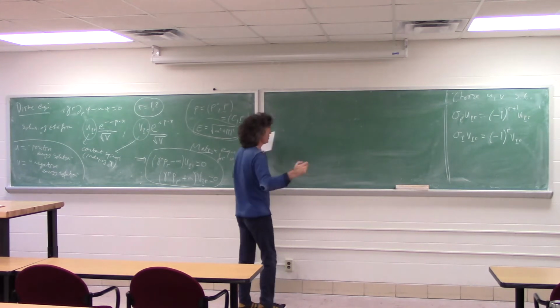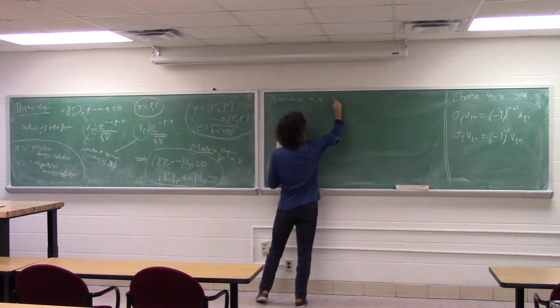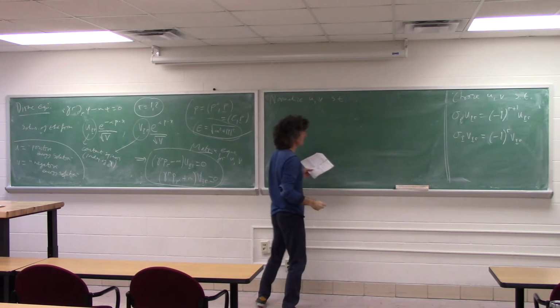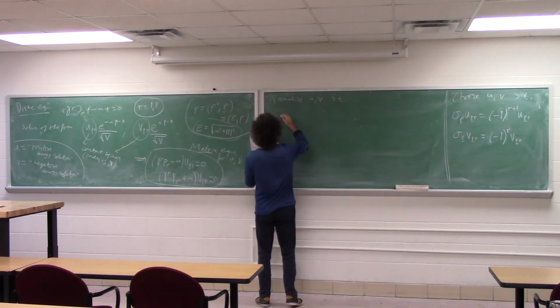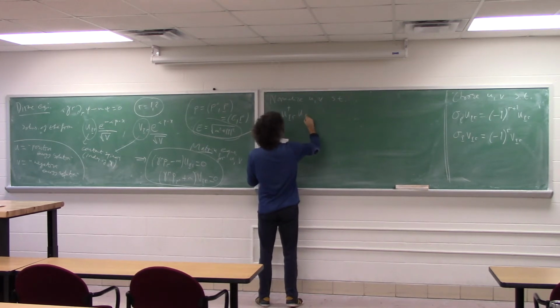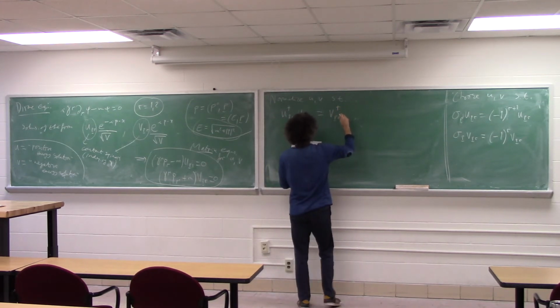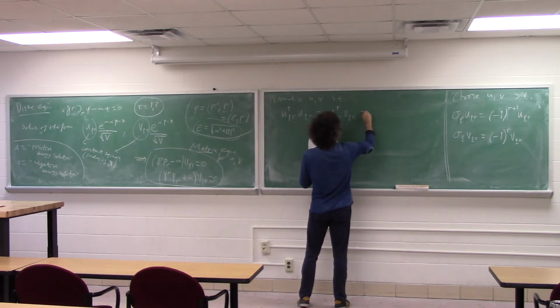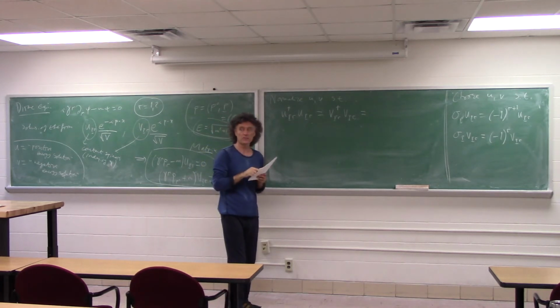It is conventional, you don't have to do this, but it is conventional to normalize U and V such that U_pr dagger U_pr is equal to V_pr dagger V_pr, and you might expect it to be 1.